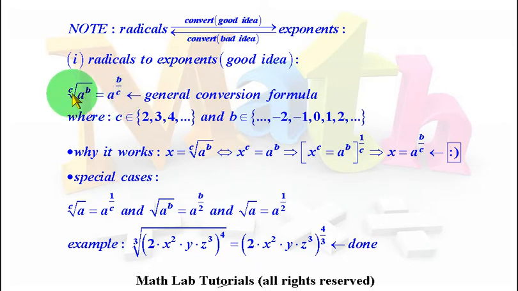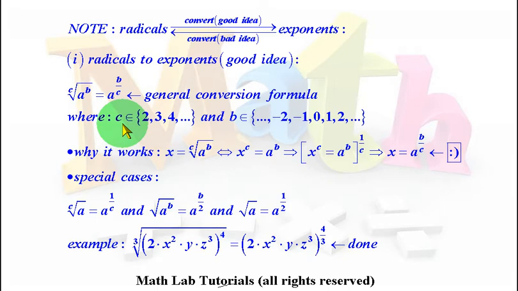You just have to remember that the index of the radical becomes the denominator in the exponent, and b over c is called a rational exponent. So I call this the general conversion formula. And then there are some conditions. c is a member of the set 2, 3, 4, and so on.